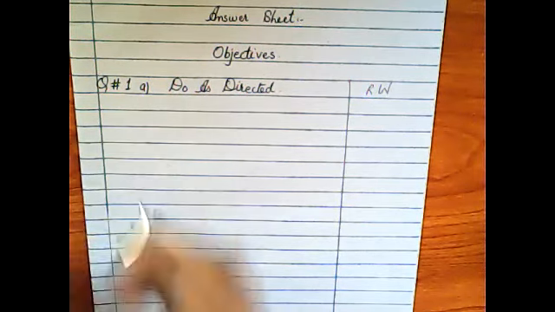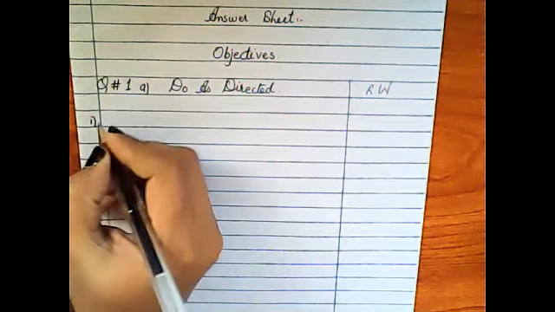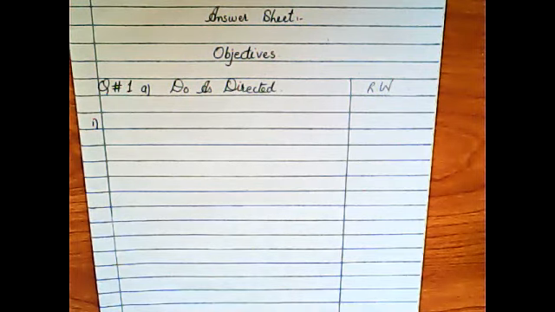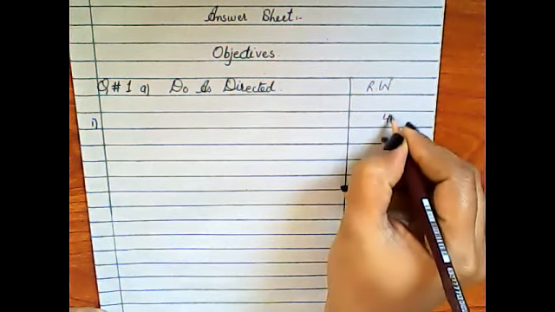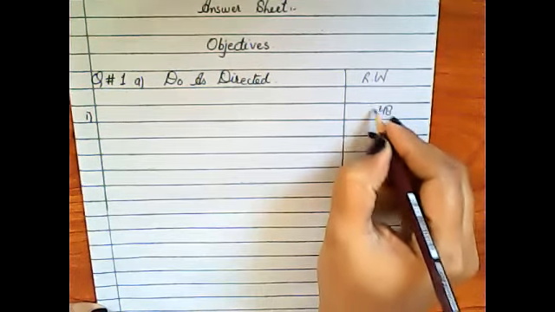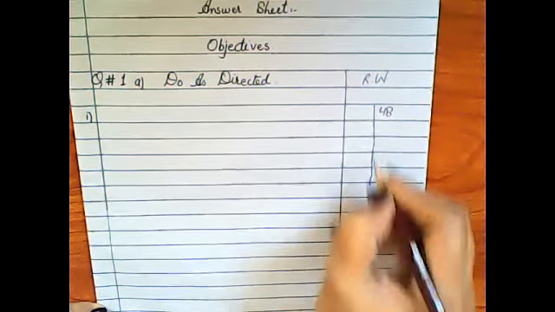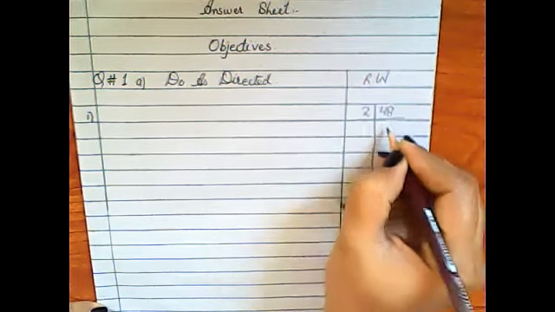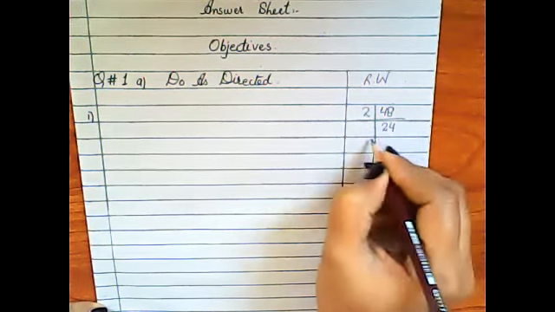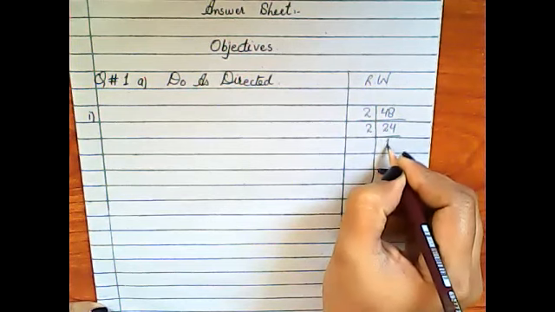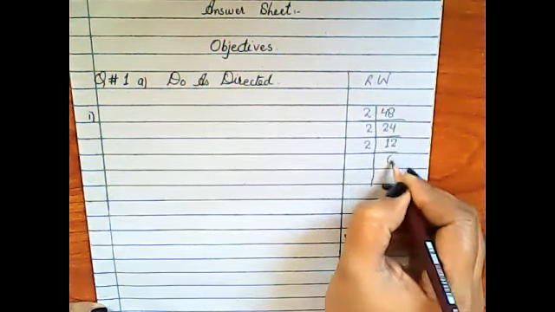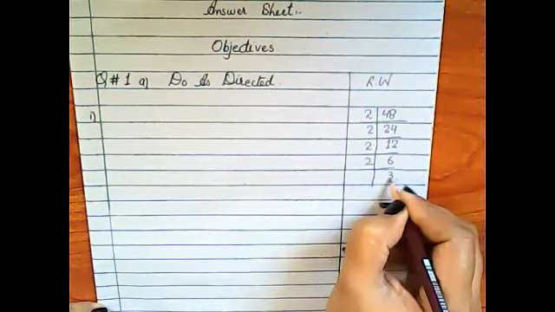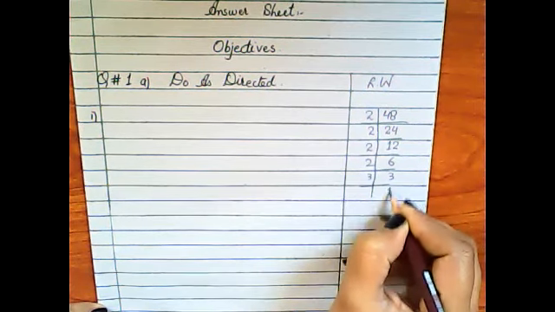Understand? Now first you will write down the answer of bit number 1. Your bit number 1 is to find the prime factors of 48. In the working column you will find the prime factors of 48. Just suppose you write 48 here and simply find the factors: 2 times 24 is 48, 2 times 12 is 24, 2 times 6 is 12, 2 times 3 is 6, and 3 times 1 is 3.